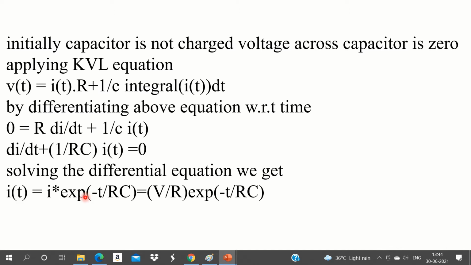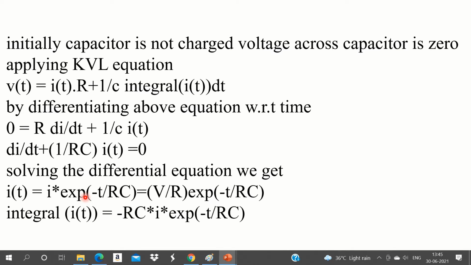So what we can say from this is that the capacitor current will decay exponentially. At the initial instant, a very high amount of current will flow through the capacitor. As time passes, we get zero current, which means the capacitor acts as an open circuit in the steady state.